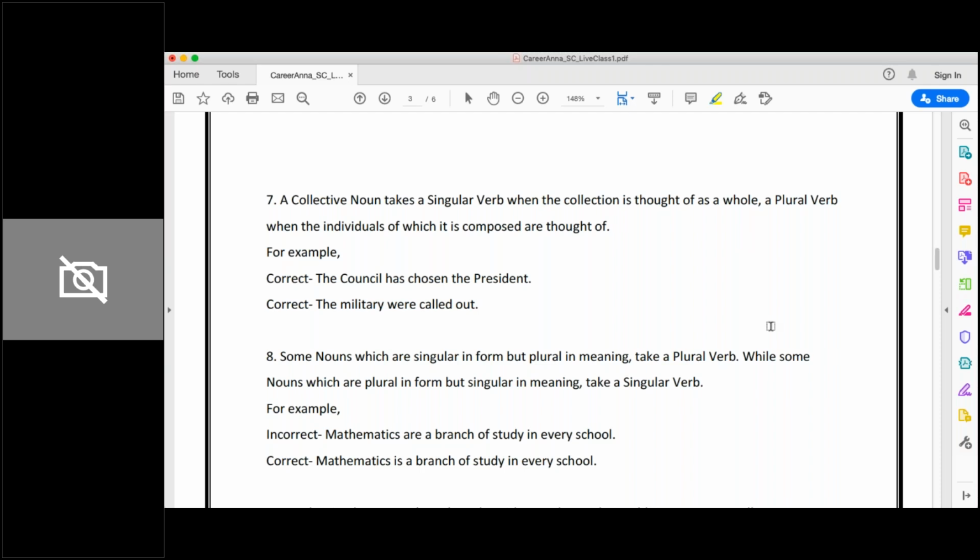Now, what do I mean when I say this? The Council of Ministers. So if I say the Council of Ministers of the Prime Minister, will it be treated as a singular noun or a plural noun? On its face, it's a collective noun because I am saying the Council of Ministers. So if I have to talk about the Council of Ministers, will I treat it as a singular noun or a plural noun?